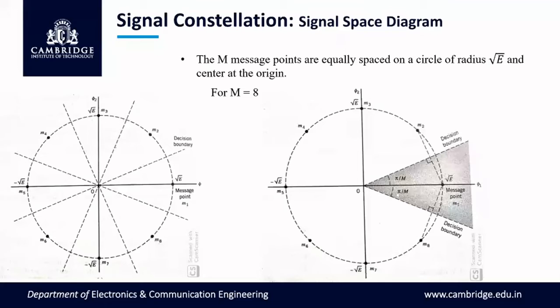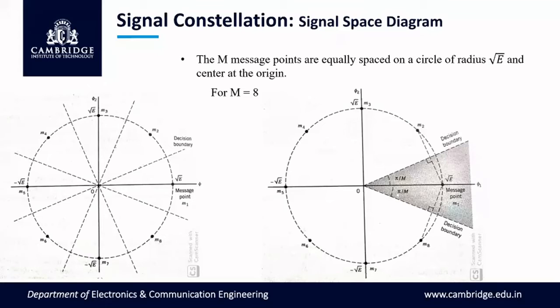So on this circle I have identified M symbols, but this diagram is written only for M equal to 8. I have identified 8 points there. You can observe 2 points lie on the x-axis, 2 points lie on the y-axis, totally 4. The remaining 4 stay between the first 4 on that particular circle. This is the circular constellation.